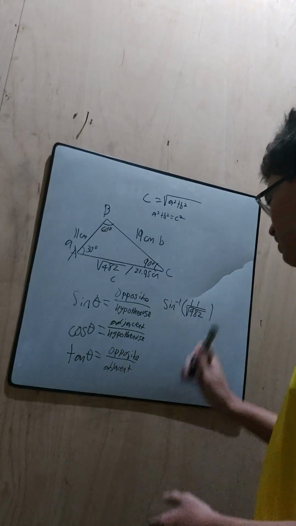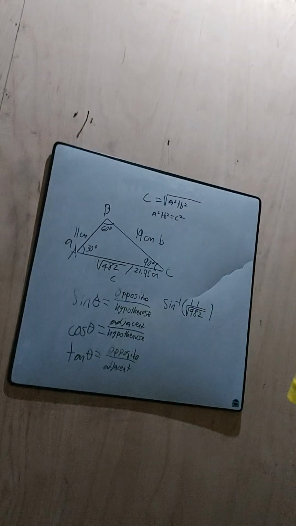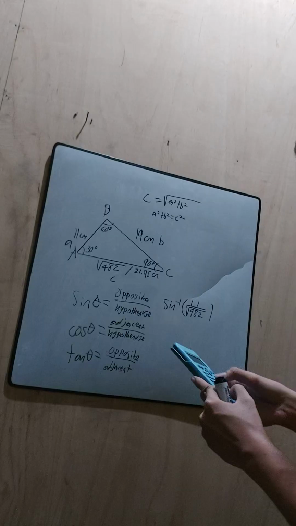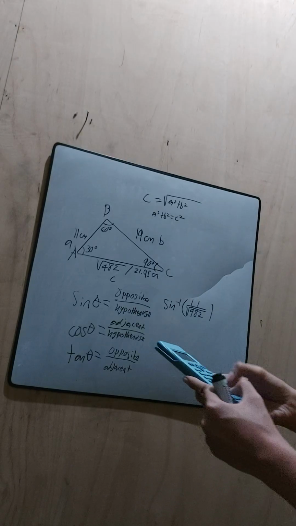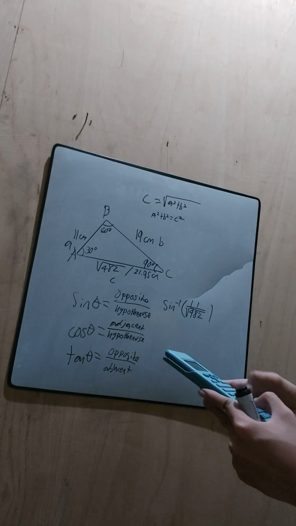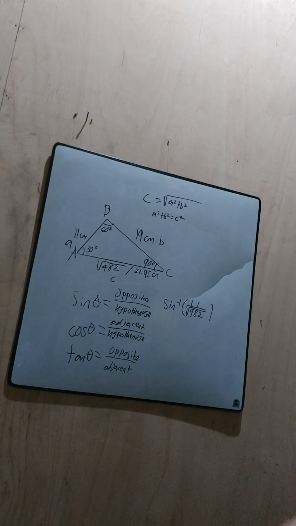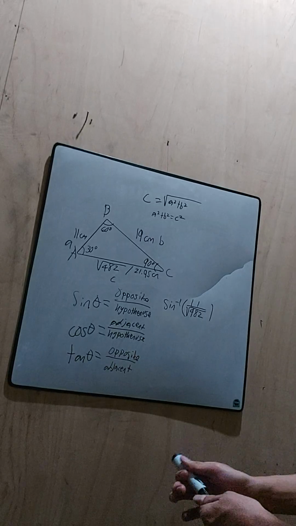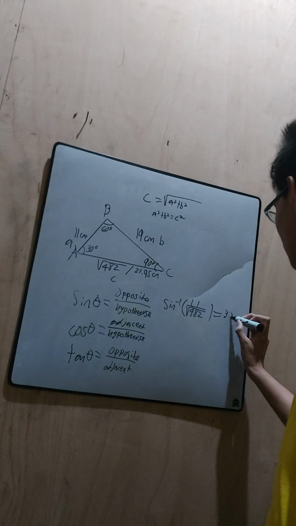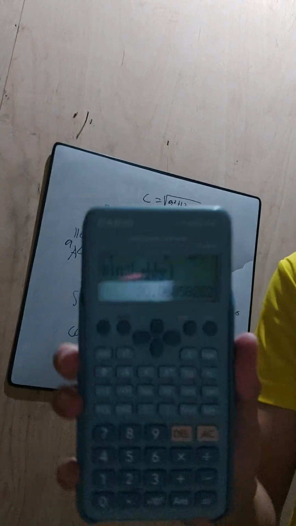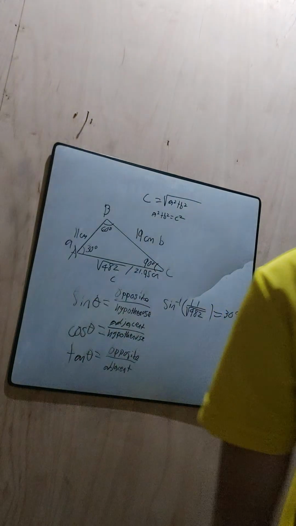Alright. Inverse sine. Now, let's try that. 11 over square root of 482. 30 degrees. Here's the proof. 30 degrees.